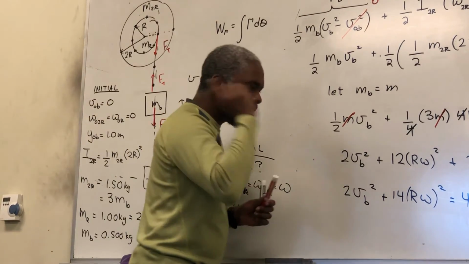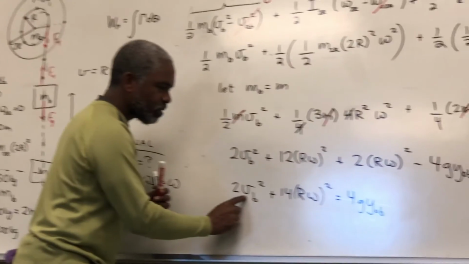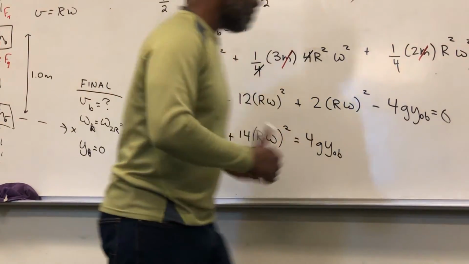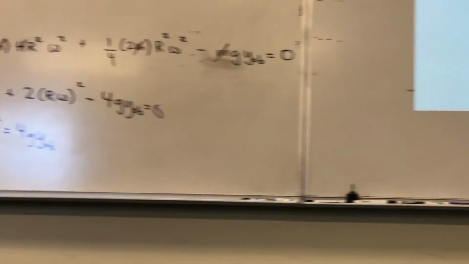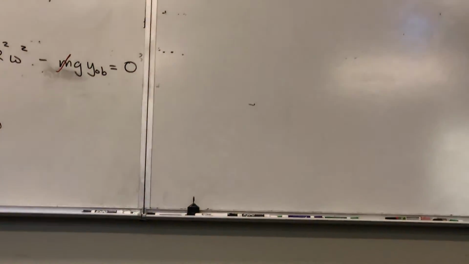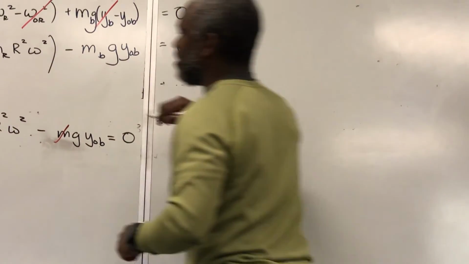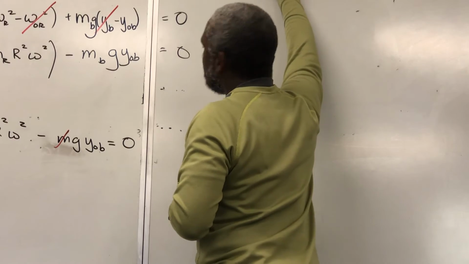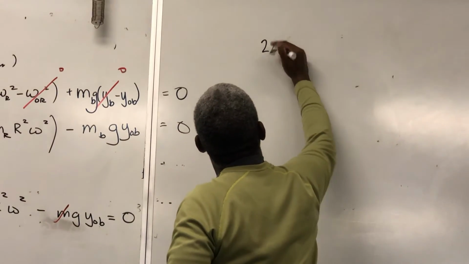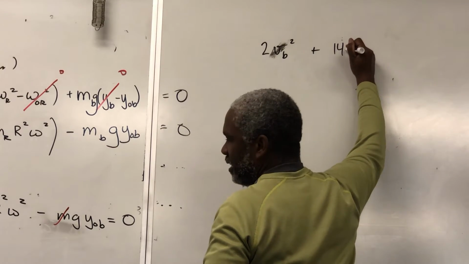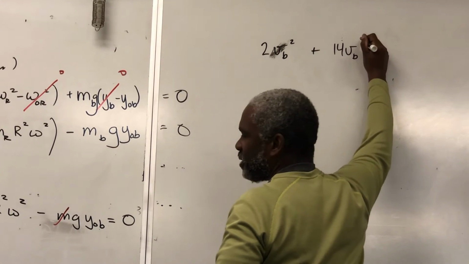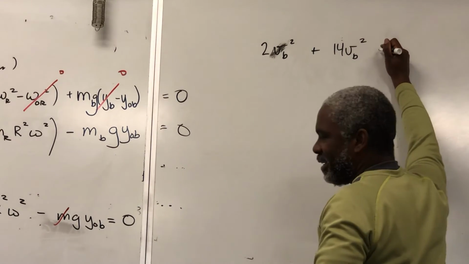Okay, so now we can say the speed of the block is the same as the speed of the perimeter of the inner disk. I'm really wishing that I had only multiplied by 6, but that's okay.